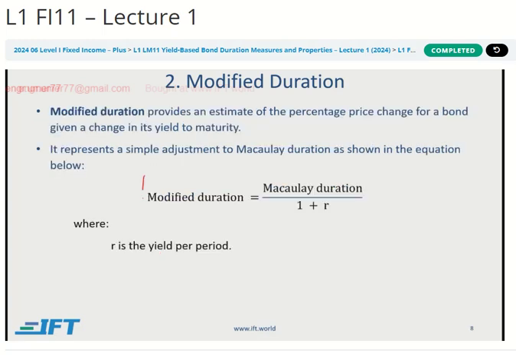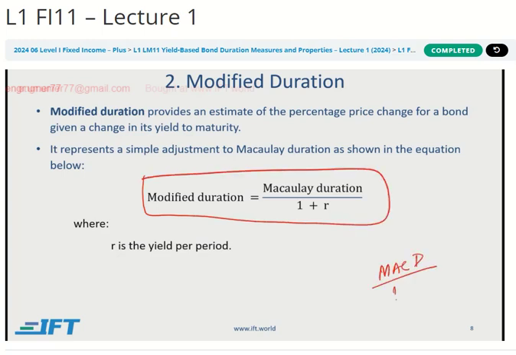Now, what we do is we take the Macaulay duration, the MACD, divided by 1 plus the yield to maturity, and that gives you the mod D.